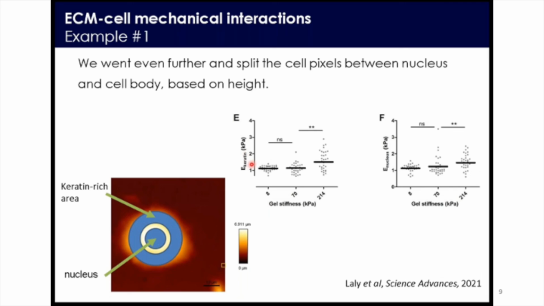And in this next slide, you can see that they used image processing techniques to identify and split the pixels from the nucleus and the cell body based on that Z height. And in doing so, you can actually gather specific mechanical information on the different parts of the cell.